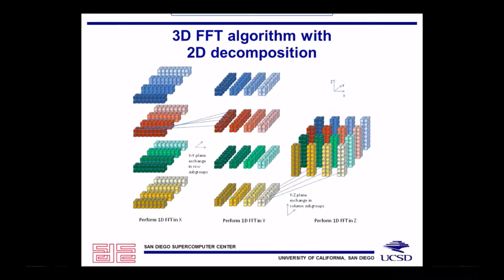So now we have pencils in the middle of the picture, oriented in the Y dimension. All the data in the Y dimension is local, and then we can do the one-dimensional FFT in Y. After that, we exchange again in the YZ plane, rearrange the data so that we have pencils arranged along the Z dimension, and we can do the 1D FFT in Z after that. Next slide.